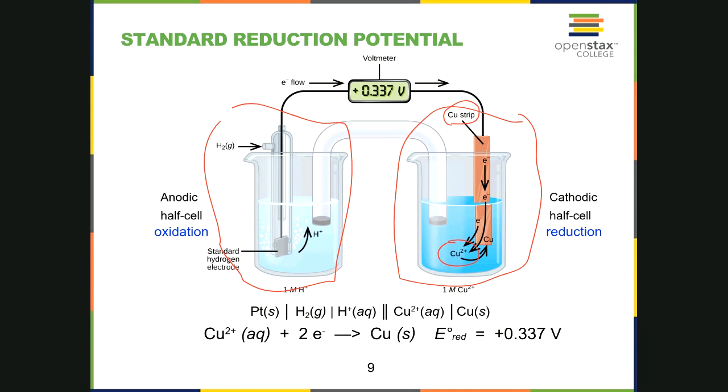So what we're getting here is Cu2+ plus 2 electrons making solid copper. And so this number over here, positive 0.337, is because of this reaction, because for the hydrogen electrode, its potential is 0.